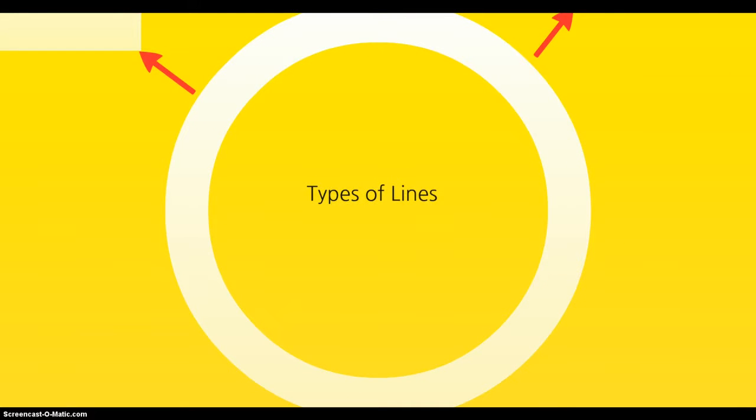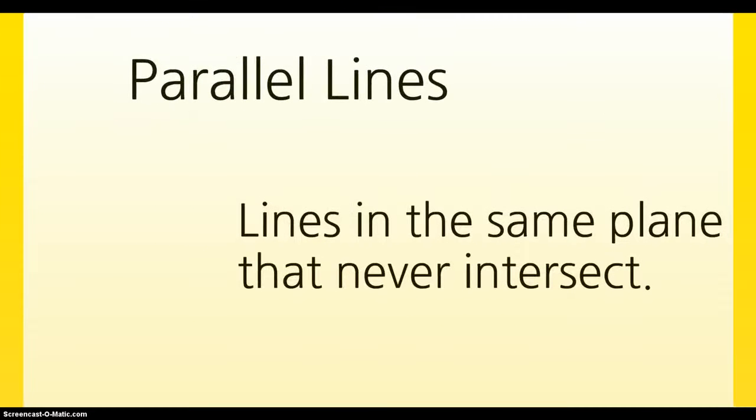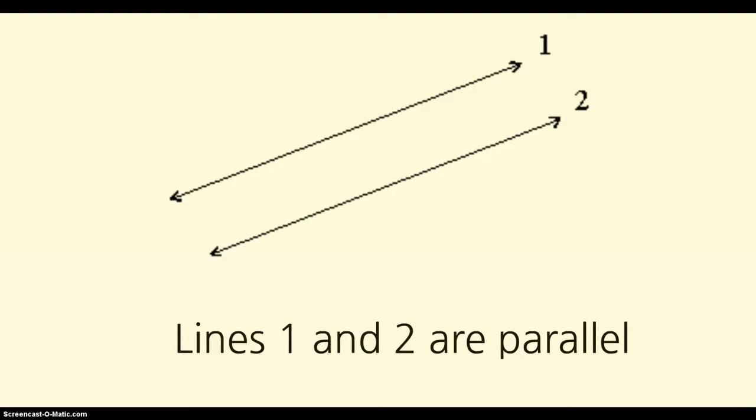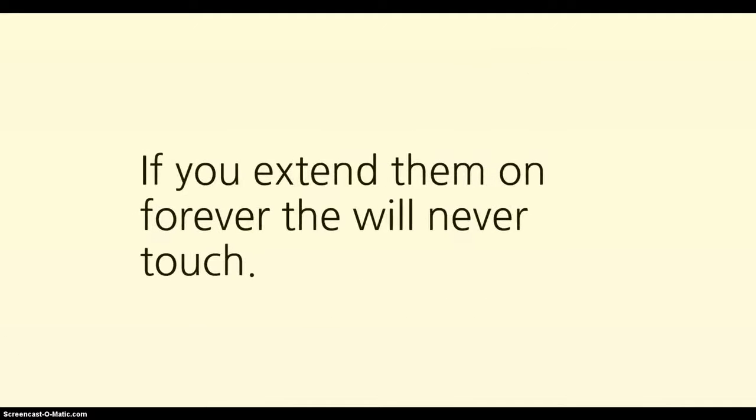Next is types of lines. The first type is parallel lines. Parallel lines are lines that are in the same plane, but they never intersect. In this picture, line 1 and line 2 are parallel to each other. If you extend them on forever, they will never touch.